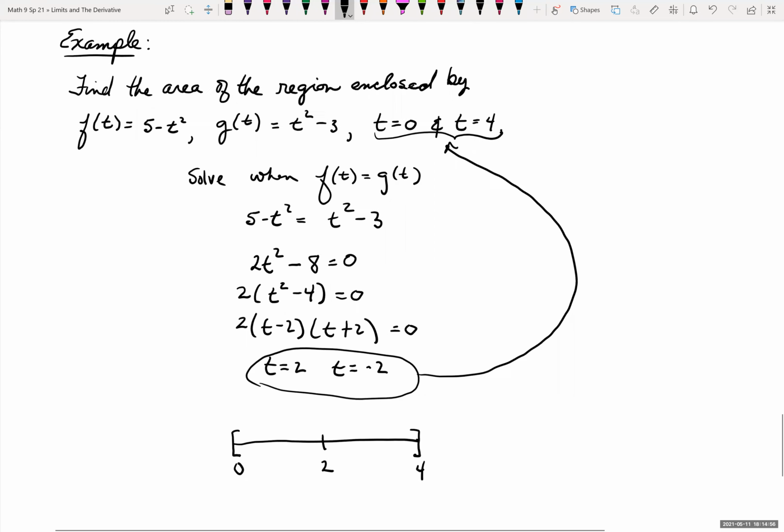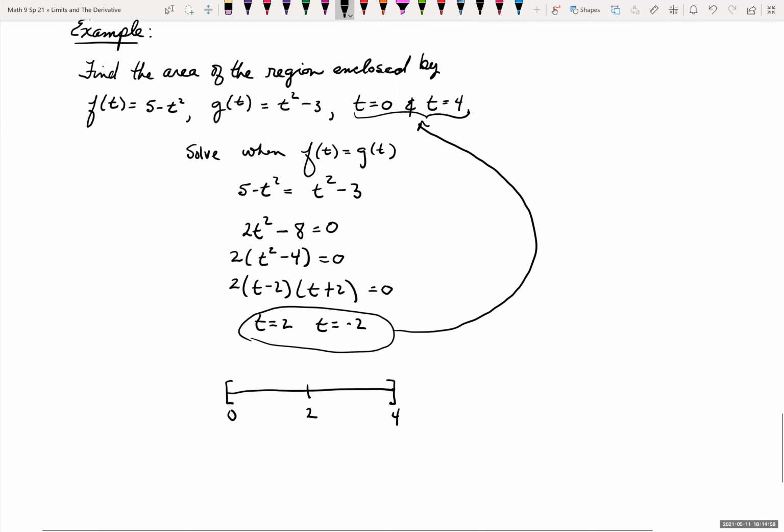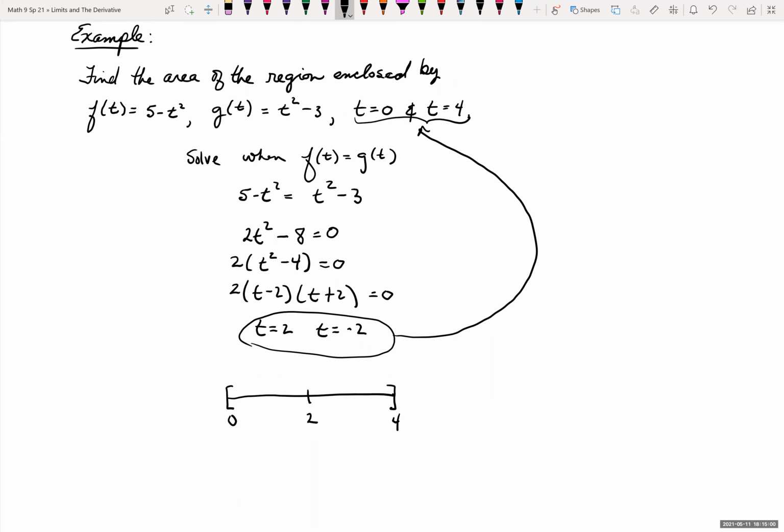We want to see which one is bigger. So maybe choose something inside our interval here in between 0 and 2. Let's choose 1. So how about t equals 1? And so let's go back in there and let's plug that into our function of f of t. So f of 1, if I plug that in there, I get back a value of 5 minus 1 squared, which is 4.